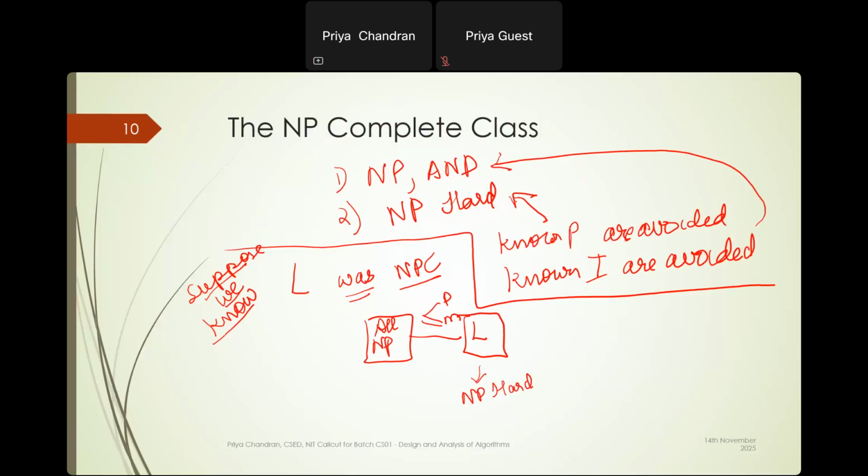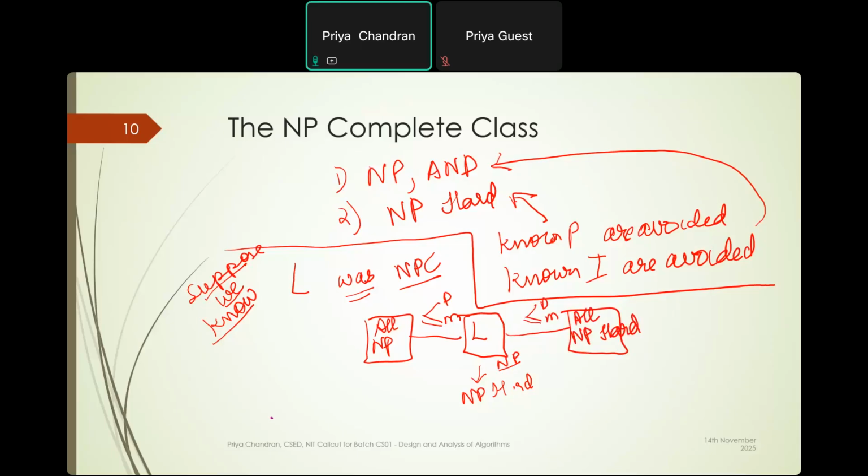And because L is NP, it can be polynomial time reduced to all NP hard problems, because every NP hard problem is such that all NP problems can be polynomially reduced to it. So this is what we can infer about a problem that is NP complete.